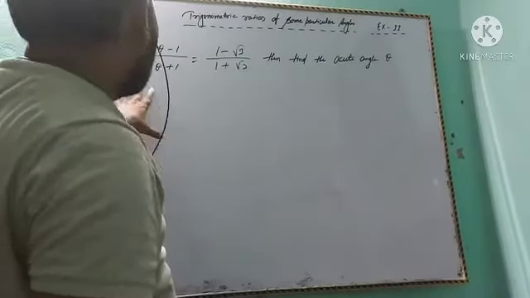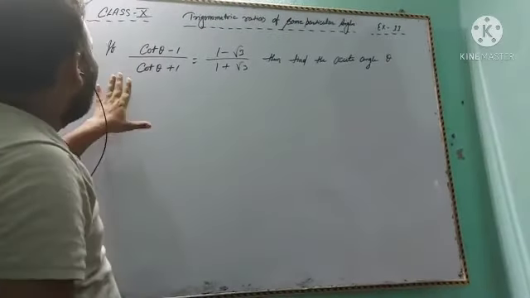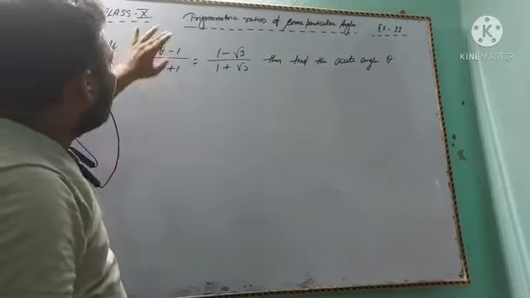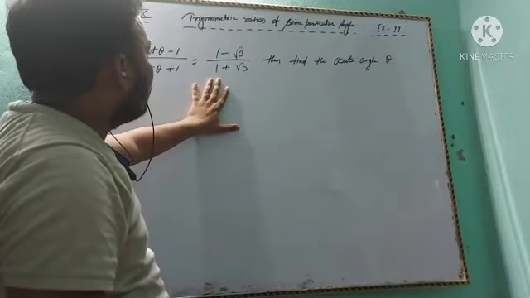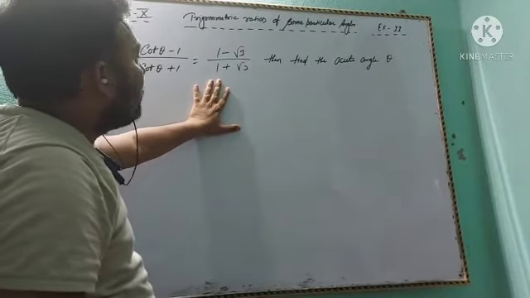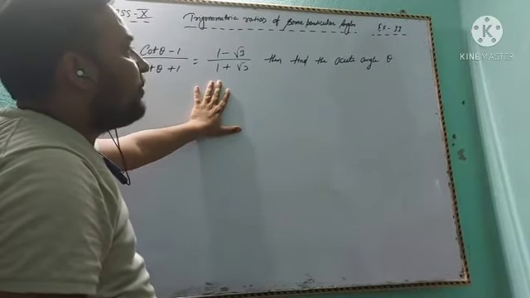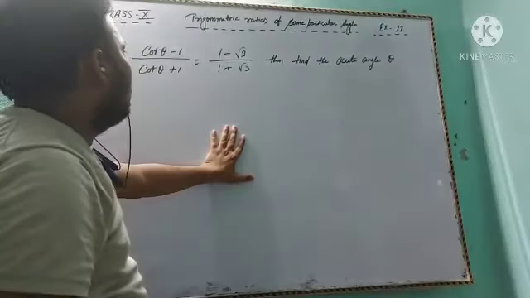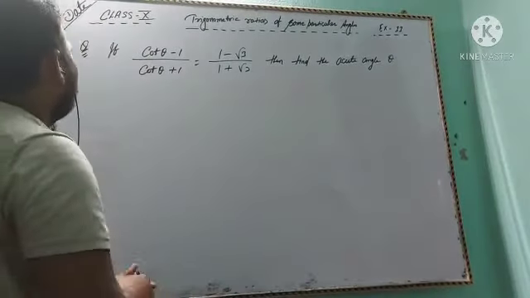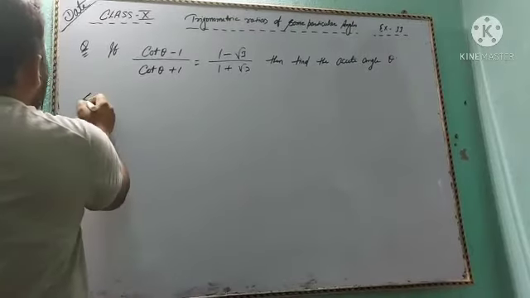Students, our next question is: if (cot theta minus 1) by (cot theta plus 1) is equal to (1 minus root 3) by (1 plus root 3), find the acute angle theta. It means find the value of theta. So students, let's start the solution.